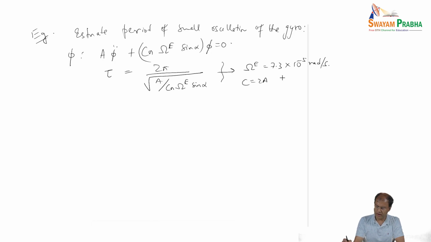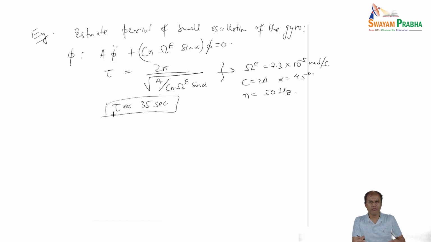If alpha is 45 degrees, and further if we take the value of n, the spin, to be 50 per second or 50 hertz, then the period of small oscillations of the gyro comes out to be roughly 35 seconds. So the oscillations of the gyro are typically on the order of seconds.